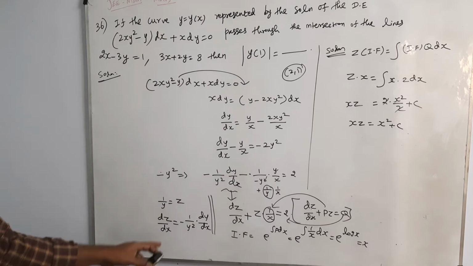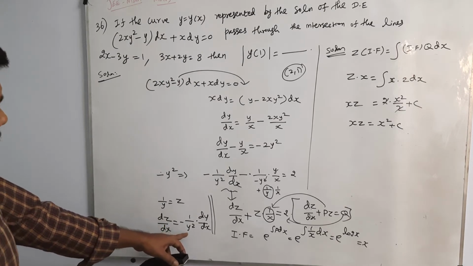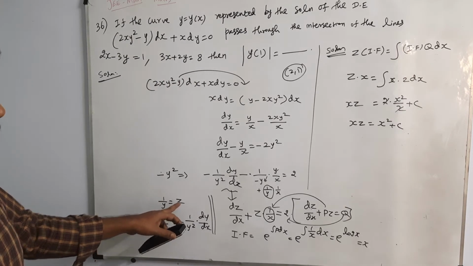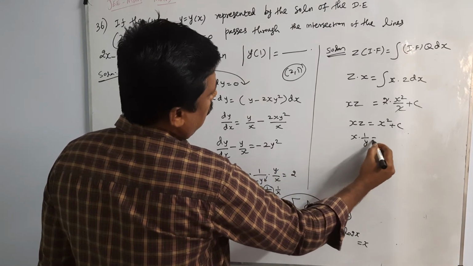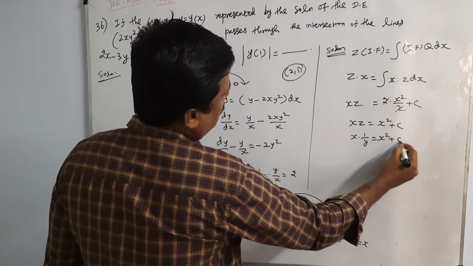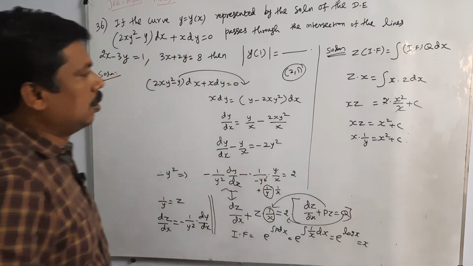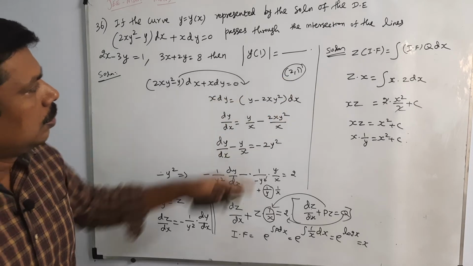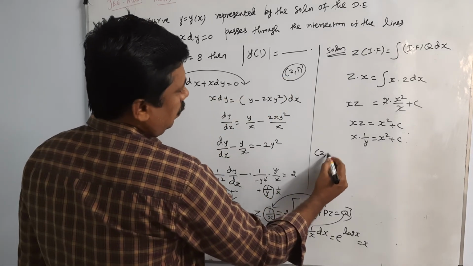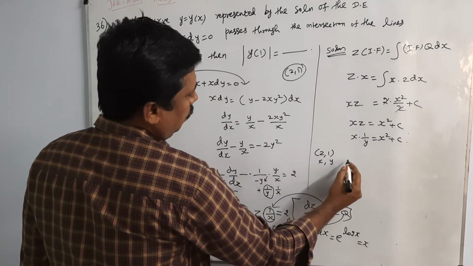So this is the answer. You replace z by 1 by y: x into 1 by y equal to x square plus c. Now we apply the value (2, 1). This is x, this is y.